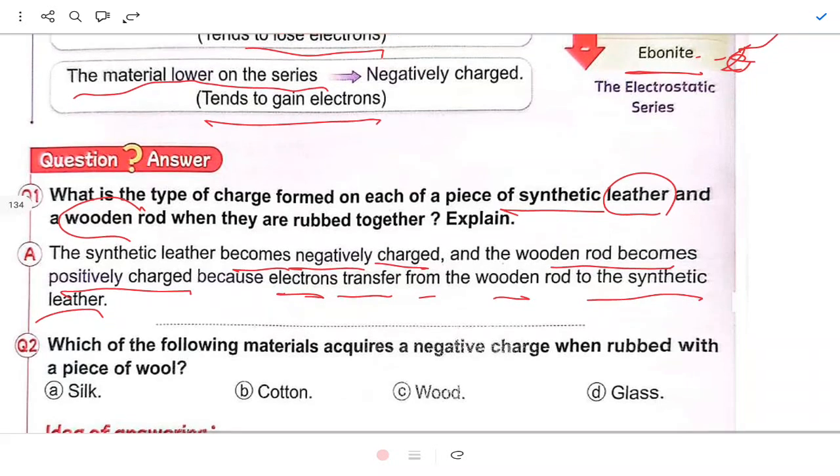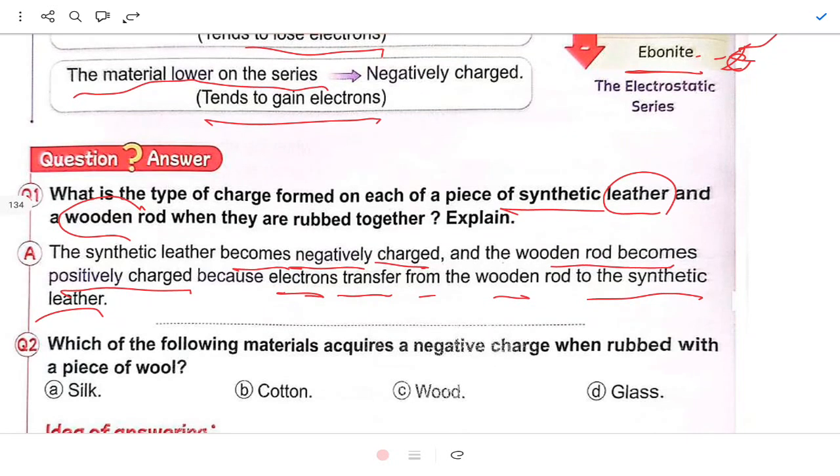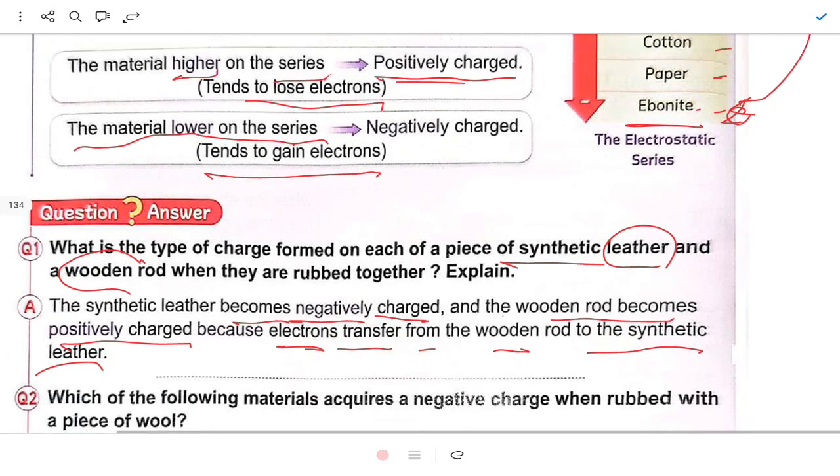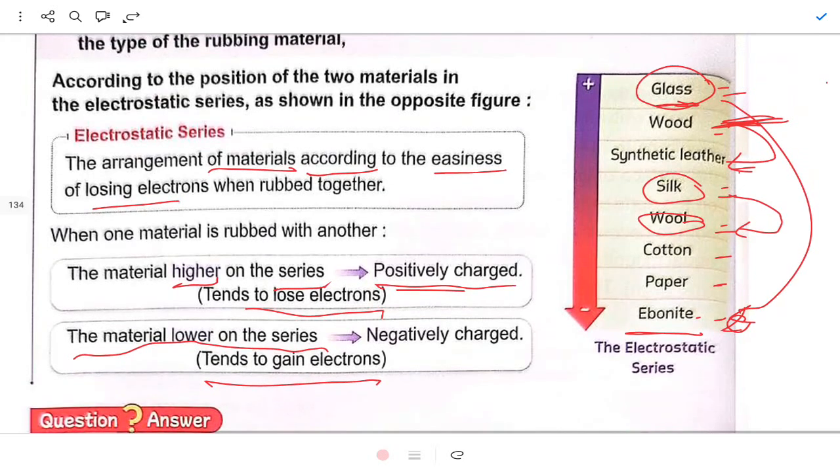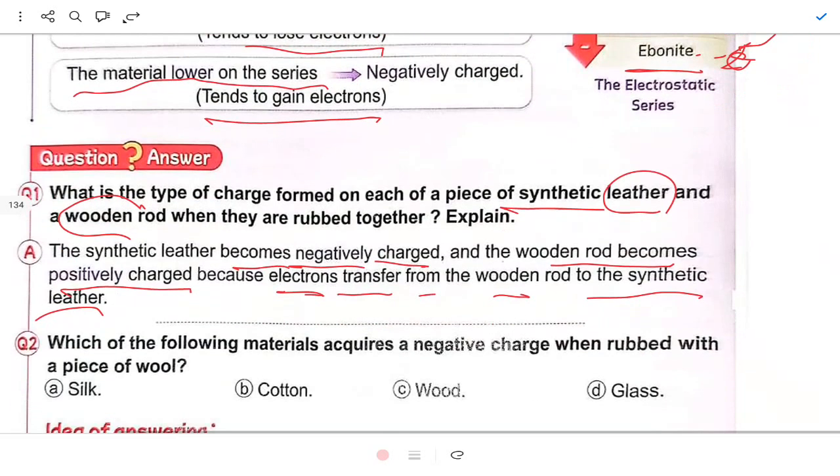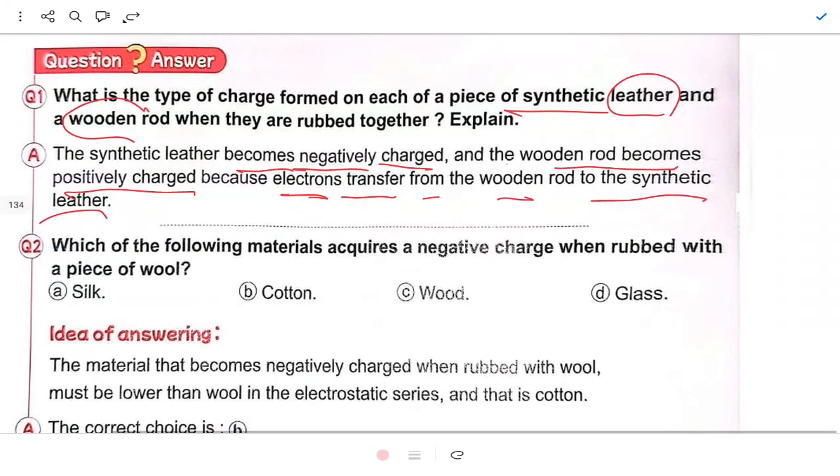We will take another question. Which of the following materials acquires a negative charge when rubbed with a piece of wool? To be negatively charged, it must be lower than the wool. It may be cotton, paper, ebonite. So we will choose cotton.